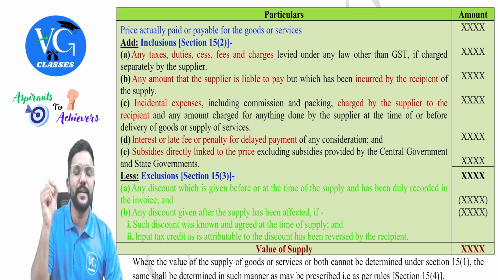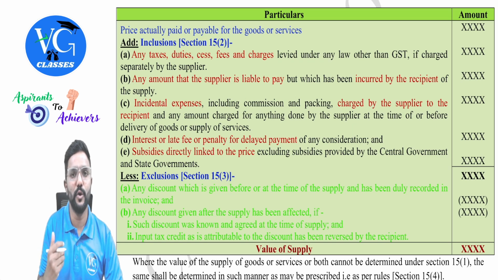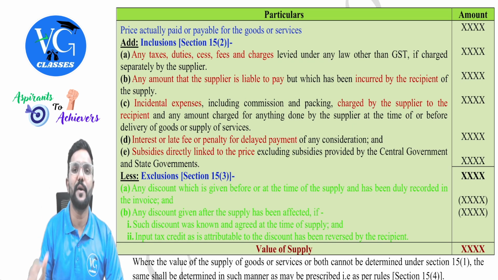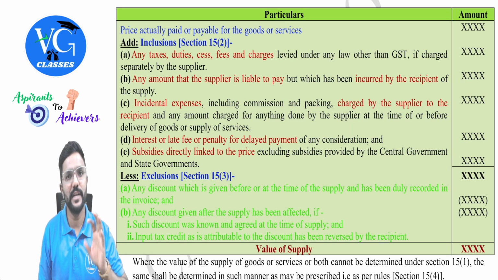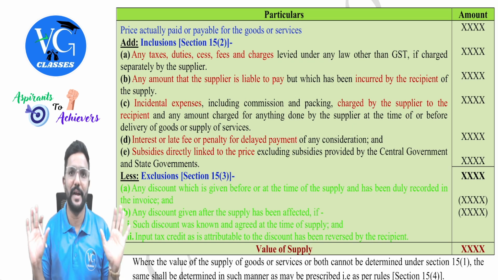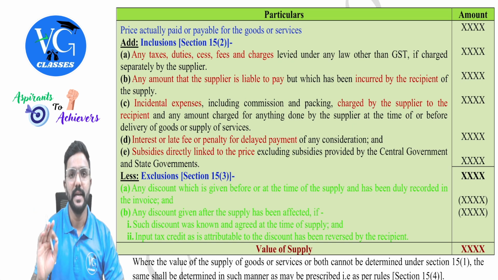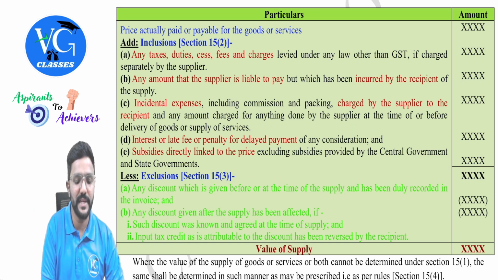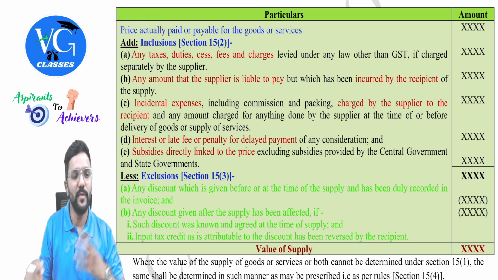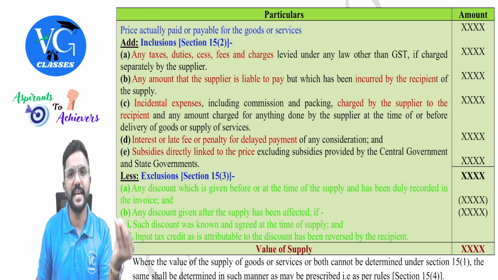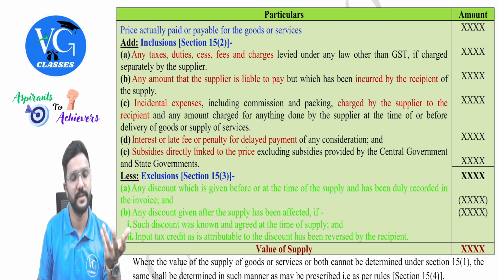Sir, what if it is already included in the sale value? For example, I have told you I would be selling the product to you for 1 lakh, which includes packing, transportation, insurance, everything. In that case, should we add anything extra? No, no, guys. Got it? Yes. And in a question, if they have given the price as 1 lakh and the amount of commission and packing is separately charged by the supplier to the recipient, please add it, guys.